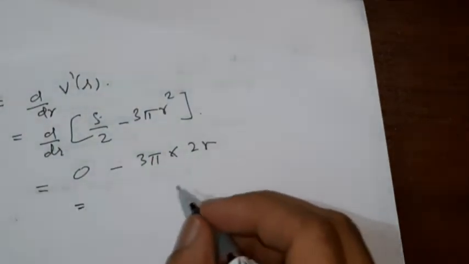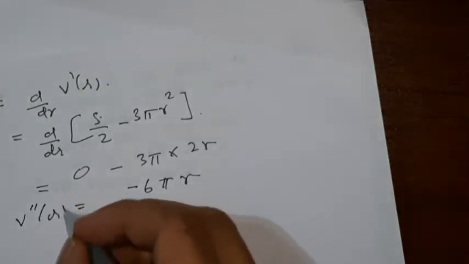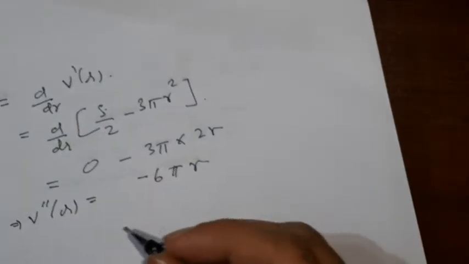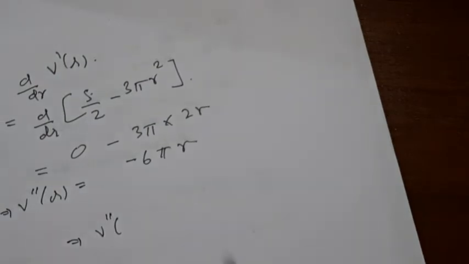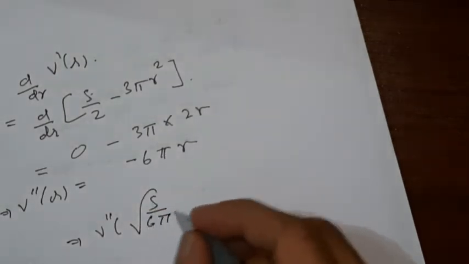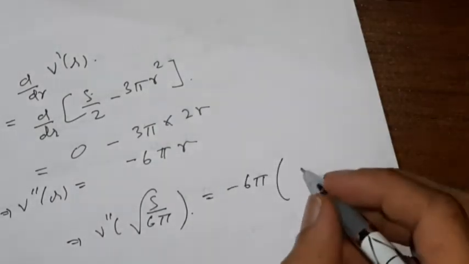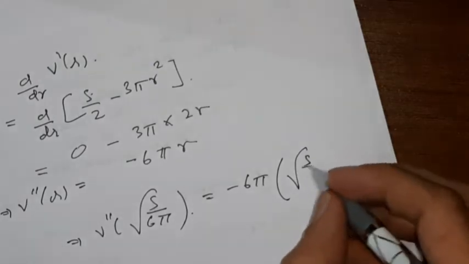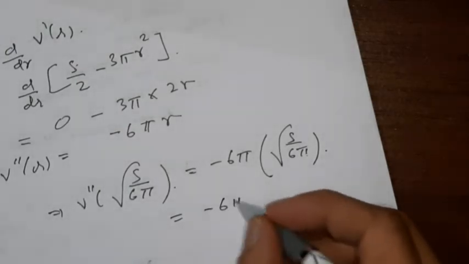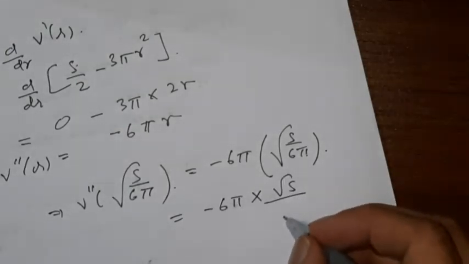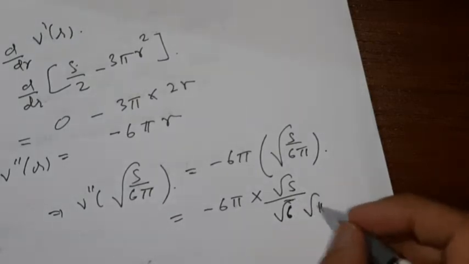So minus 3 multiplied by 2 is minus 6 pi r, that is V double prime of r. Now we evaluate it at r equal to root of s by 6 pi, which gives minus 6 pi multiplied by root of s divided by root of 6, multiplied by root of pi.